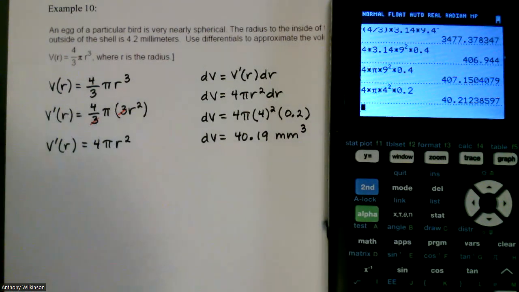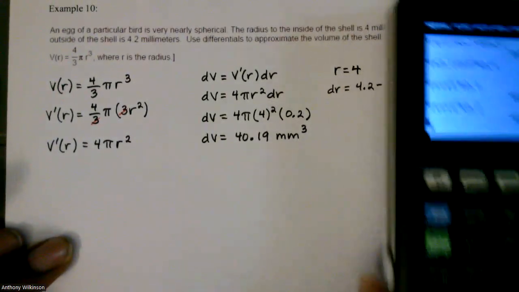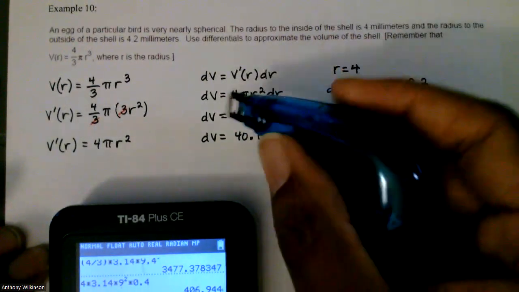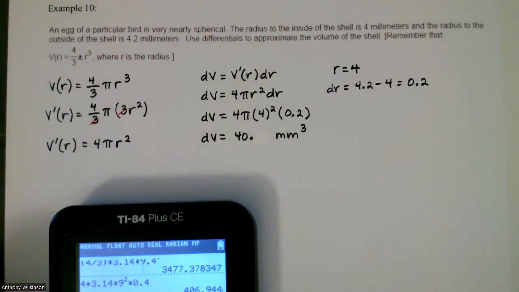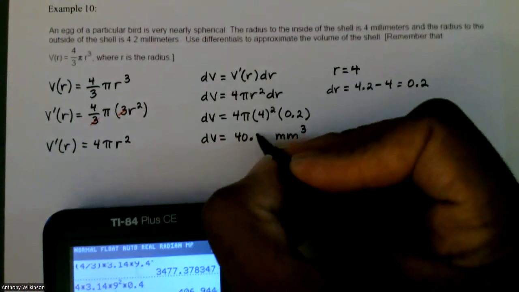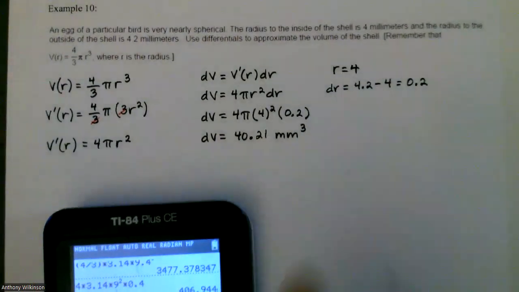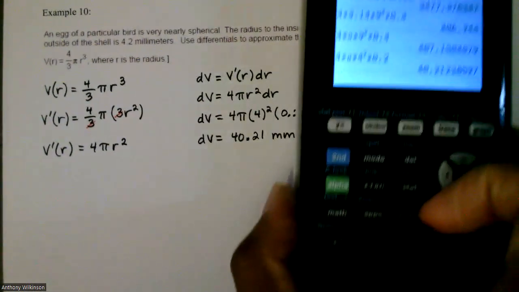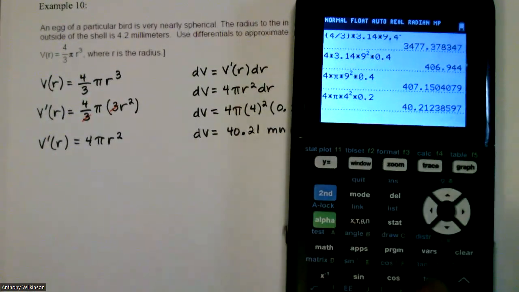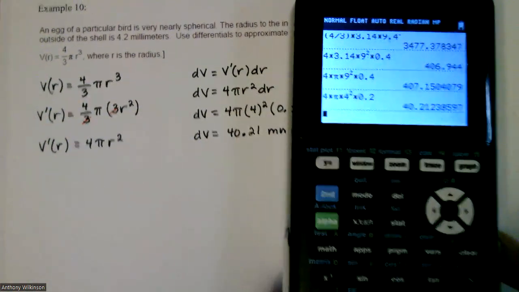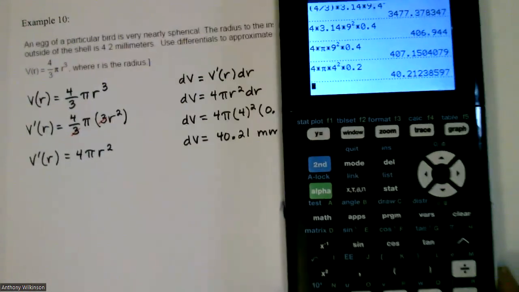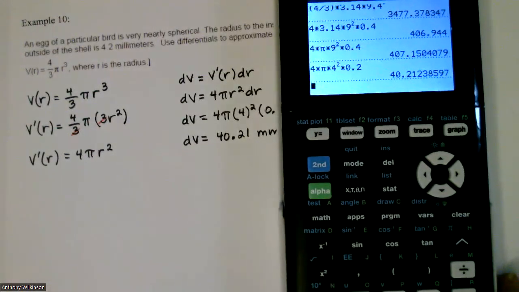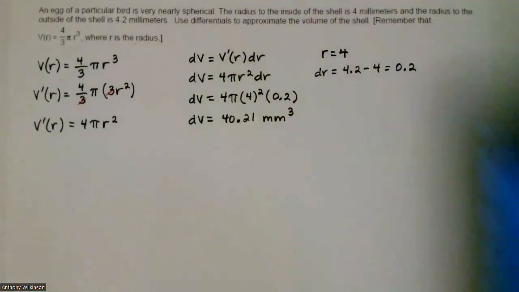Yeah, that's what they want. So it'd be 40.21 cubic millimeters. Again, on your calculator, to access pi, you have to press second and then the hat key, because right above the hat key, you're going to see the button that says pi.